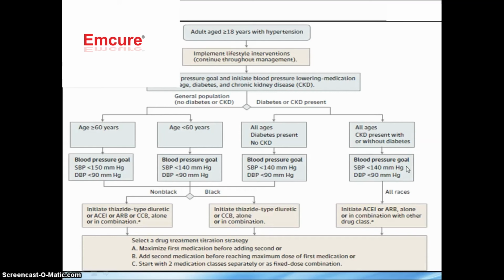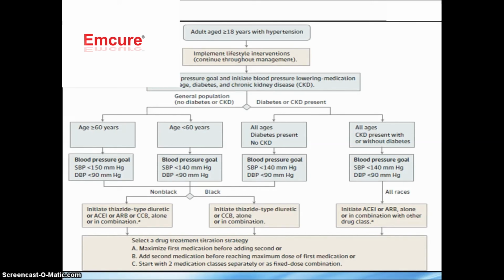Then the JNC 8 guideline talks about how to select a drug for treatment titration strategy, that is, how you start the treatment of a patient with hypertension. First, maximize the first medication before adding the second. So you keep on increasing the dose of the single medicine and then add the second.